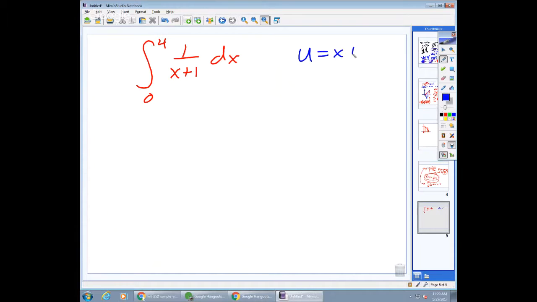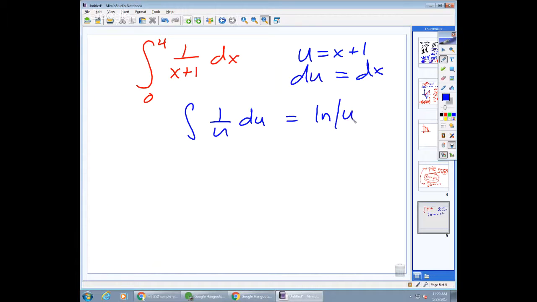Yep, u equals x plus 1. So then du is just dx, right? That's nice. So ignoring the boundaries for a minute, this would be the integral of 1 over u du. And I know an antiderivative for that is the natural log of the absolute value of u, and maybe a plus c.